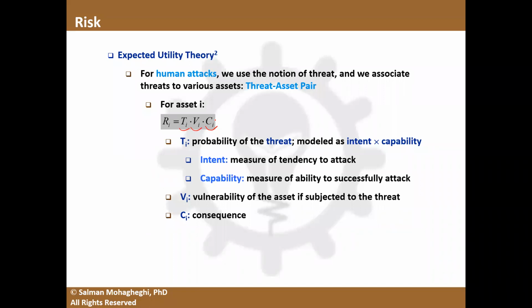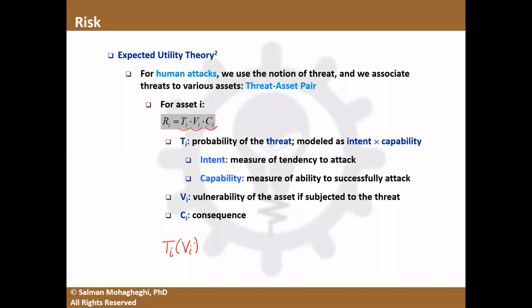This model, however, is being criticized by some people because some believe that the threat is actually not an independent variable. They argue that the threat to an asset is, in fact, a function of its vulnerability, meaning that if an asset is more vulnerable, the attacker is going to be more willing to mount an attack.